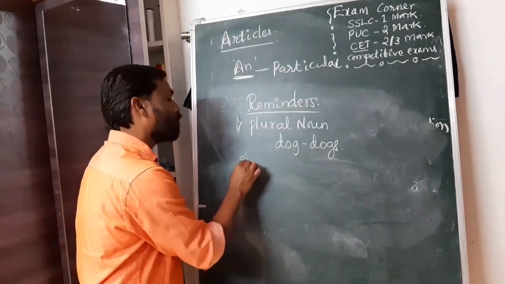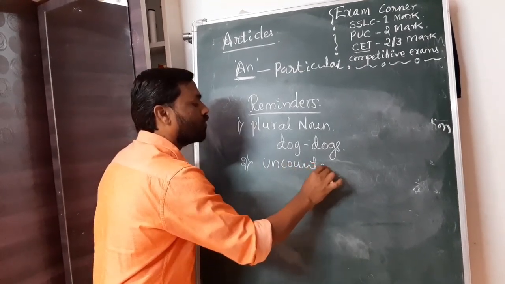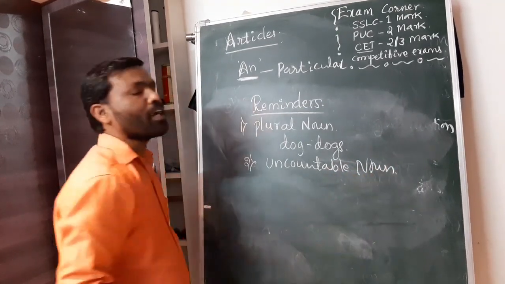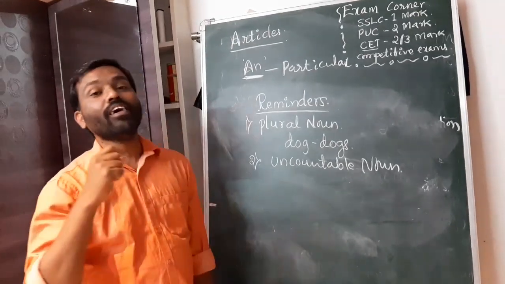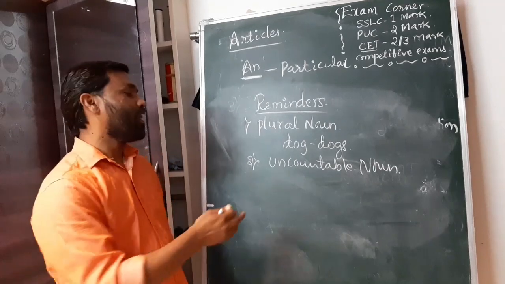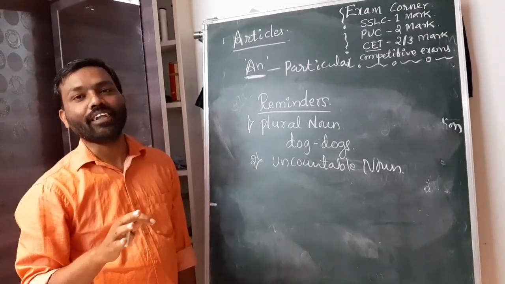Come to the second reminder, it is related to uncountable nouns. Countable means we can count it. Uncountable means we do not have the countness of those materials. So whenever there is an uncountable noun, don't use any article there.